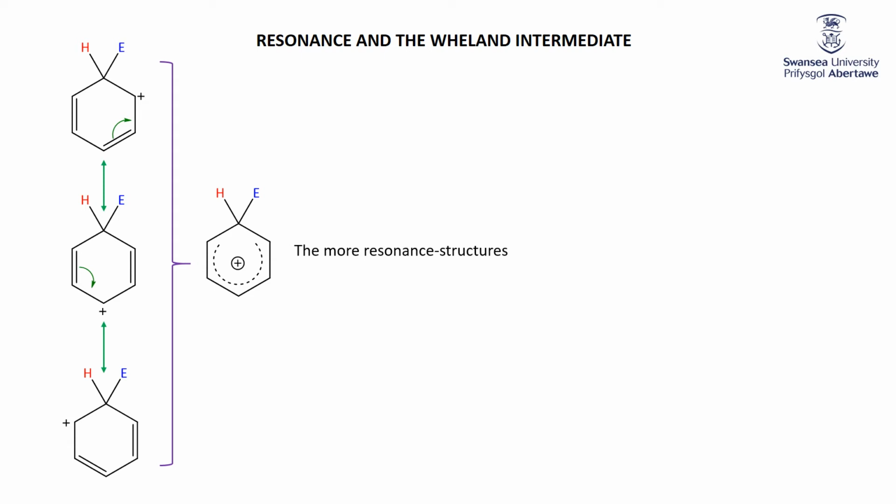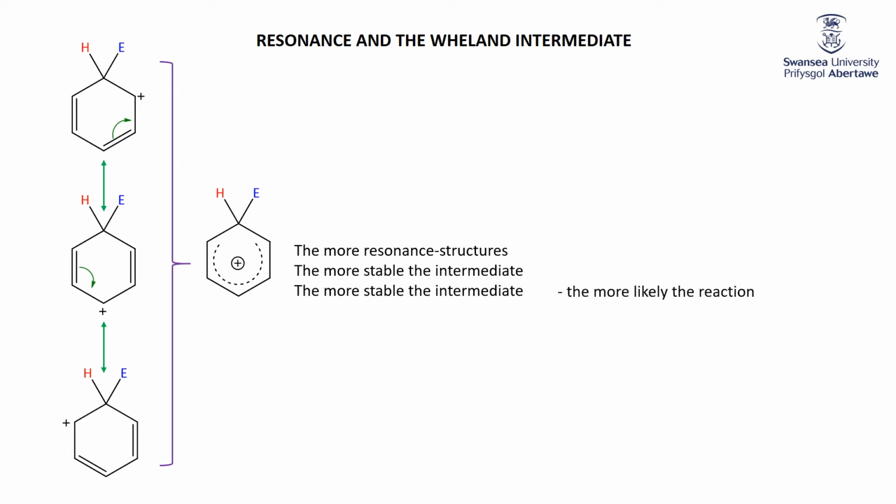Generally, when you have an intermediate, the more resonance structures you can draw for it, the more stable the intermediate, and of course the more stable the intermediate, the more likely the reaction is that leads to that intermediate. And that's one of the really important concepts that we need to keep about us as we go through this material.